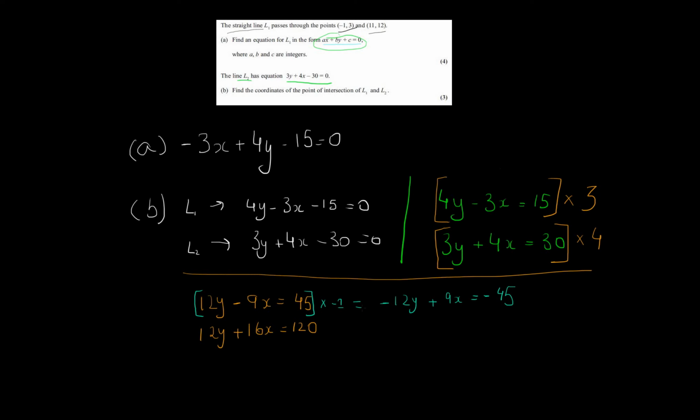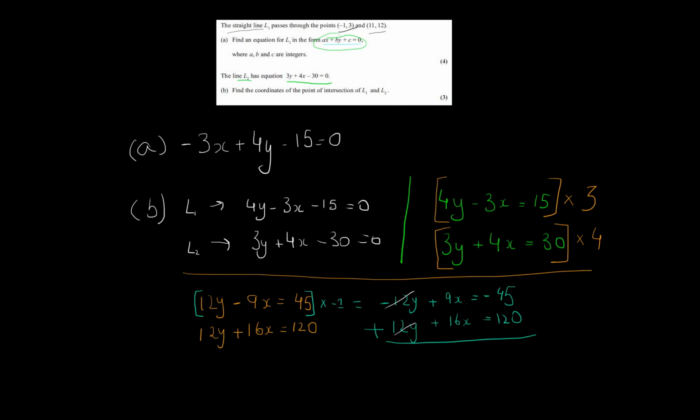And now what I can do is write the other equation down here as well, 12y plus 16x equals 120. And now if I add these two together here, the values of y can just cross out. These two just cross out.